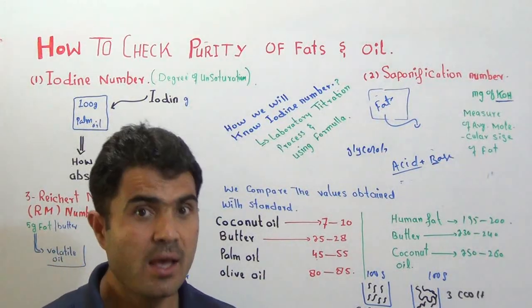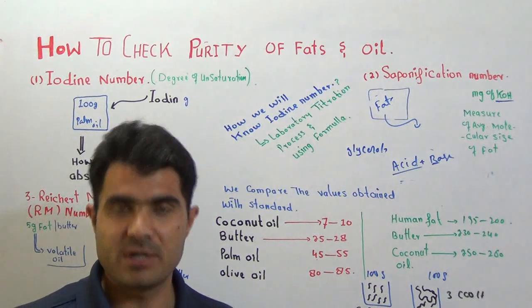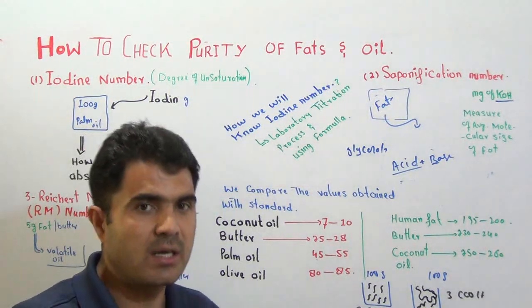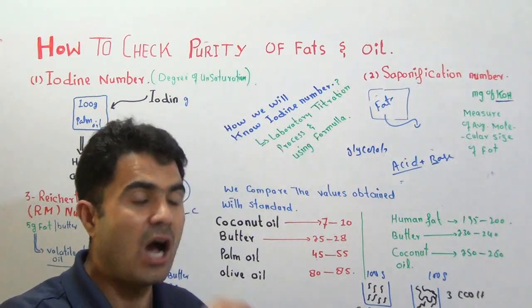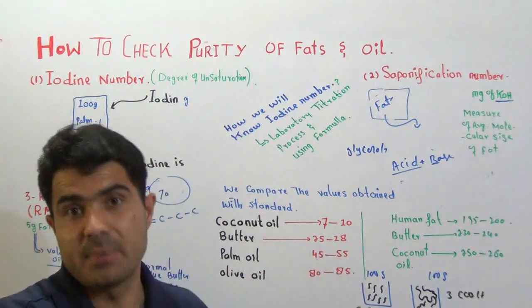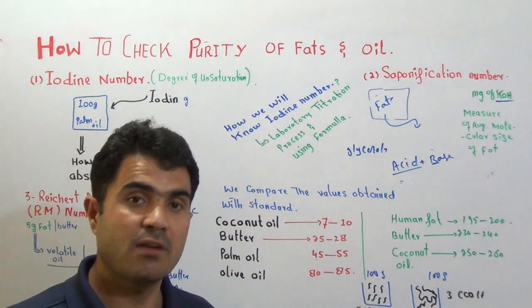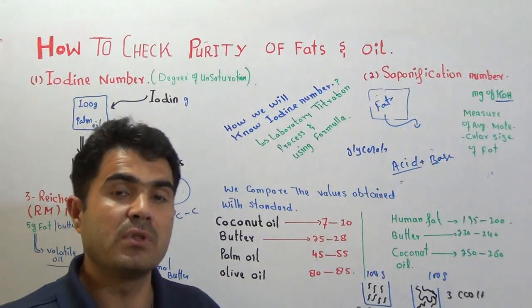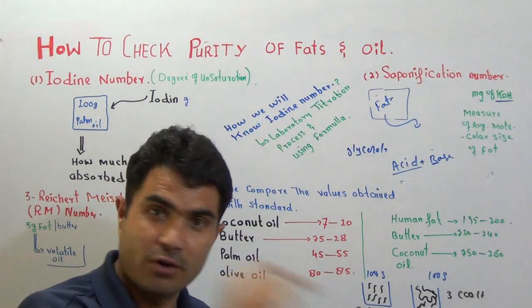Especially in the butter, these volatile oils are present, and we can't analyze how much volatile oil is present in the butter, because the amount of volatile oil is the identity and the proof of the purity for the butter.